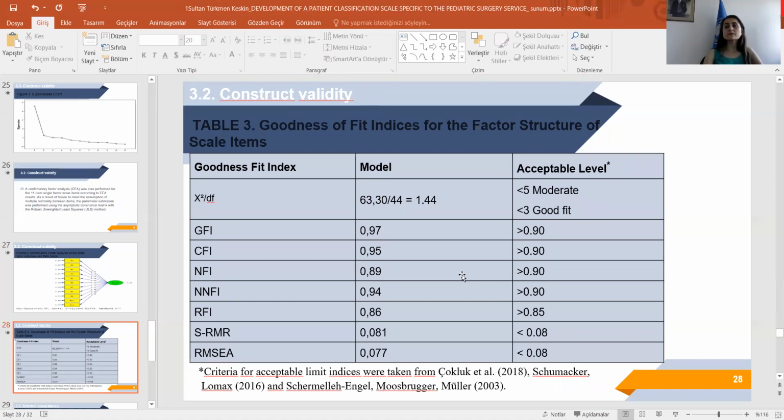As seen in table 3, the fit indices were found at or above the acceptable limit. In other words, the validity of the 11-item single factor scale was verified according to fit indices of the confirmatory factor analysis. Accordingly, it can be said that the scale model had goodness of fit.